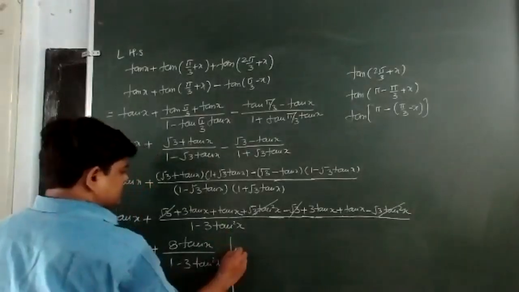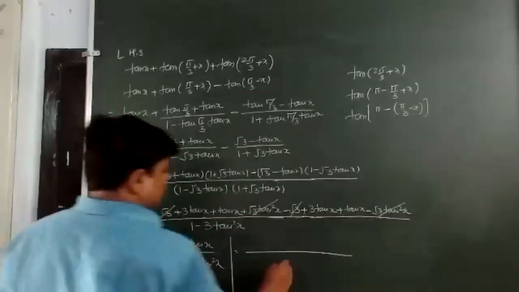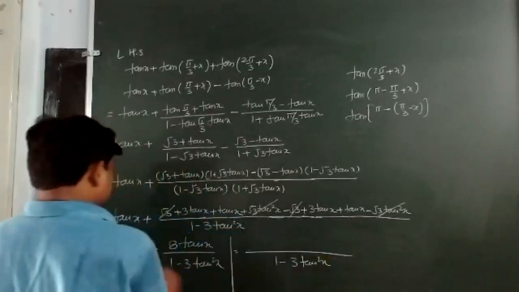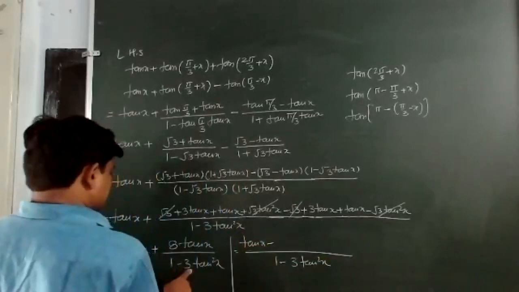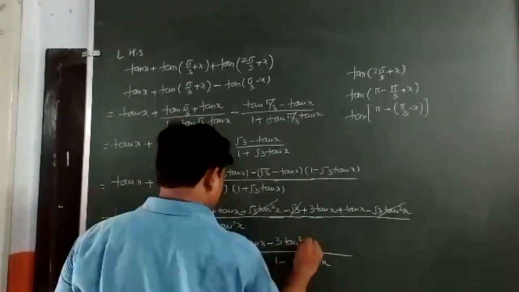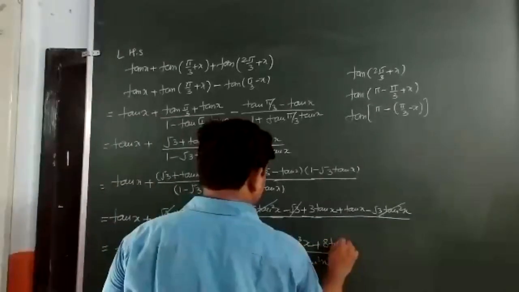Now I am taking LCM between these two, 1 minus 3 tan square x. When I simplify, I get tan x minus 3 tan cube x, and plus 8 tan x.